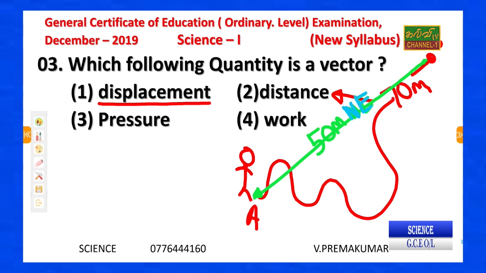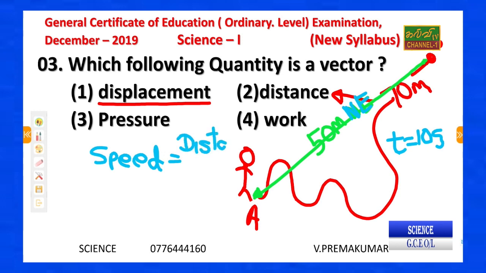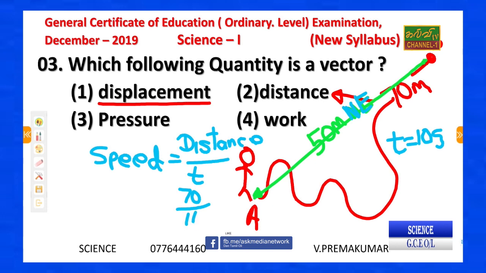If you find the time between them, say 10 seconds, we can find the speed. Speed is equal to distance over time. That means 70 by 10, so that is 7 meters per second, m s^-1.